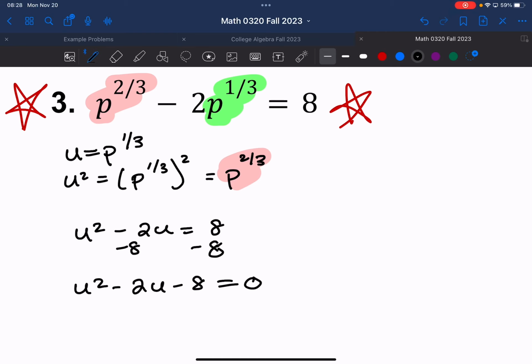Now we have our a, b, and c value that we could factor using our AC method. So in this case, a times c is what number? -8, and our b value is -2. So two numbers that multiply to -8 but add to -2.